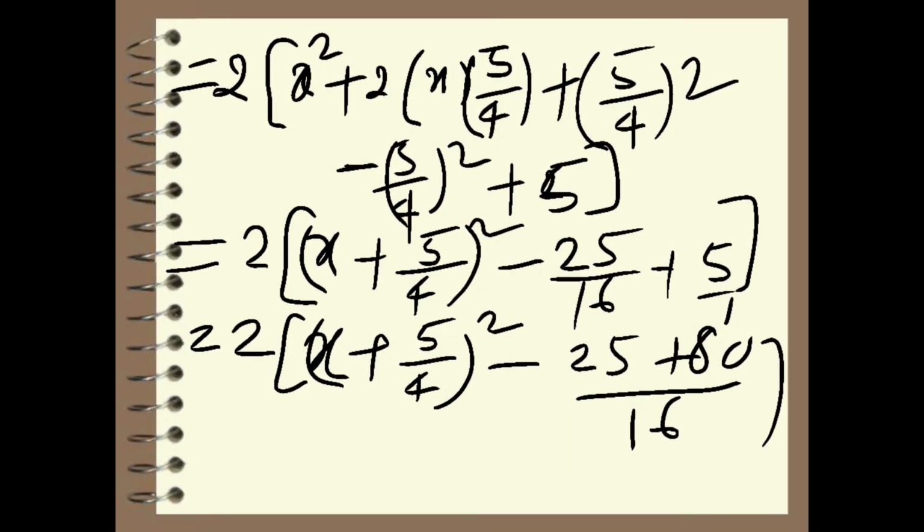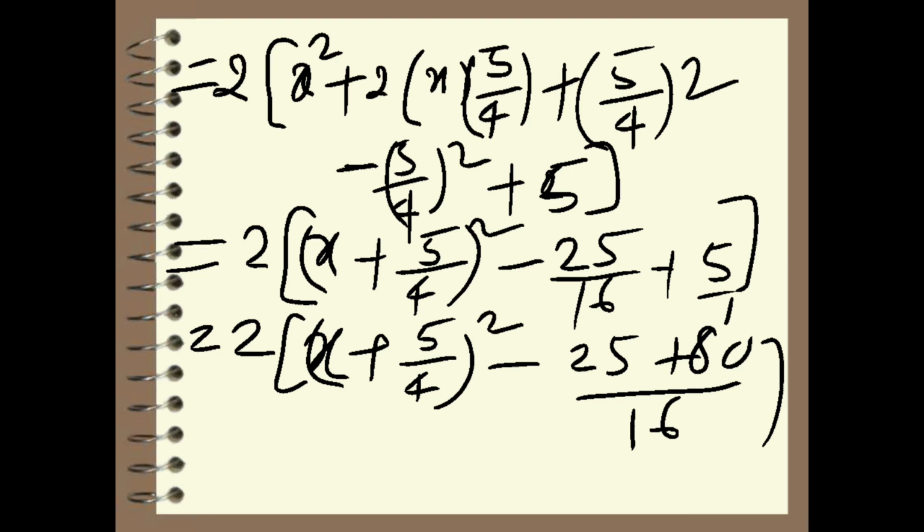Now 80 minus 25 how much? Exactly 65. So here plus 80 is there, minus 25 is there, so plus 65.